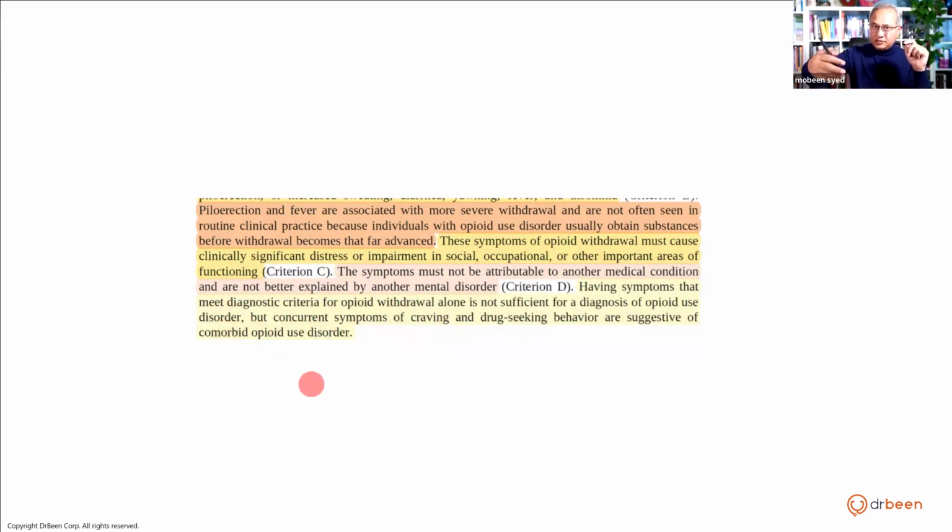So if you see the criteria for today's talk, that is withdrawal criteria. If you see signs and symptoms of this one, you cannot automatically say that they also have opioid use disorder, because here you are seeing the withdrawal there. Concurrent symptoms of craving and drug-seeking behavior are suggestive of comorbid opioid use disorder.